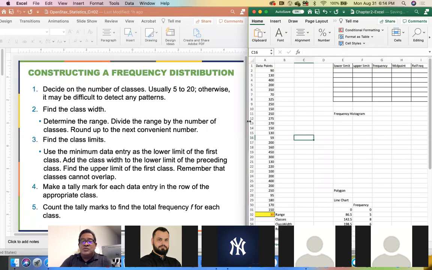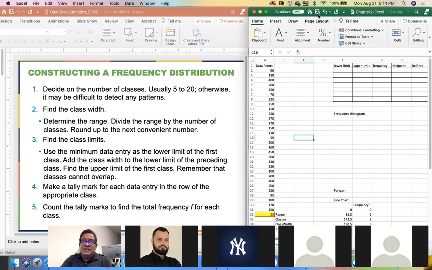Once we find the class width, we're going to find the class limits, the lower and the upper limits, so we will be able to construct these values. Once I determine the lower and upper limits, I'm going to count how many of them are in my data.